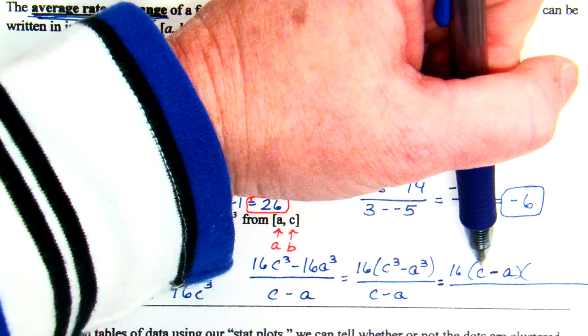And then the last term is the other cube root squared. My other cube root was A, and when we square that, it's A squared, and it's always adding at the end. So plus A squared.